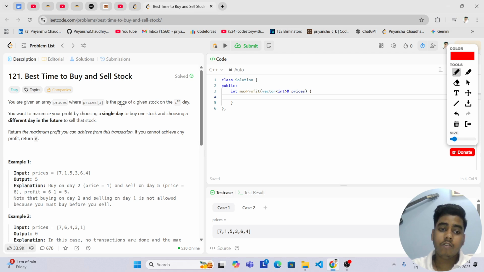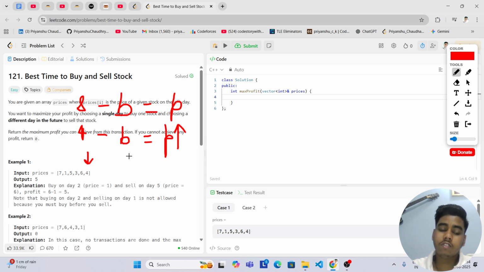What is profit? Selling price minus the buying price. This is the profit. Let's say we sell at this day. Here the price is 4, and now we have to choose the buying price such that we can maximize the profit.